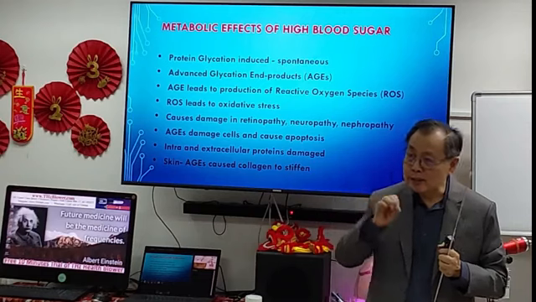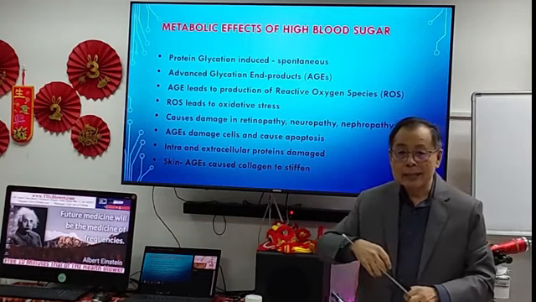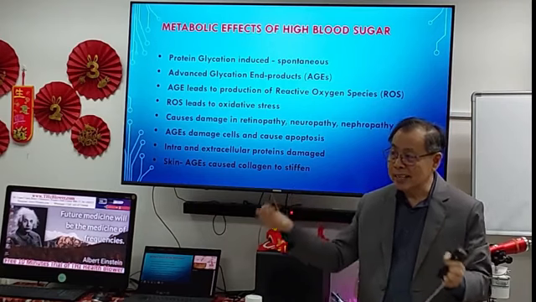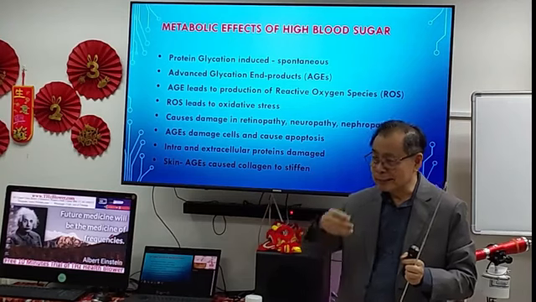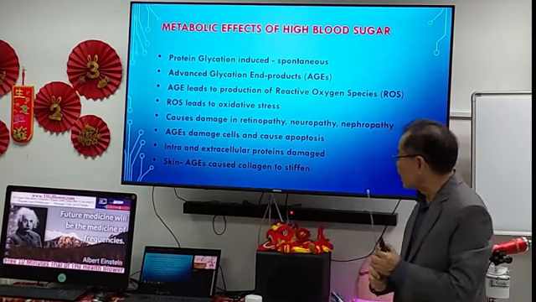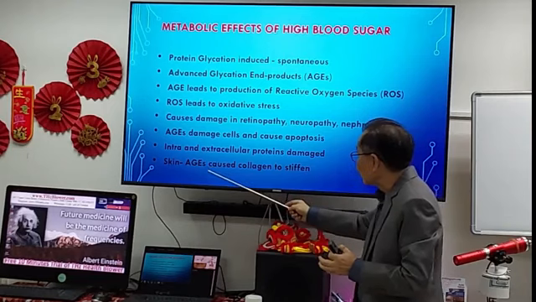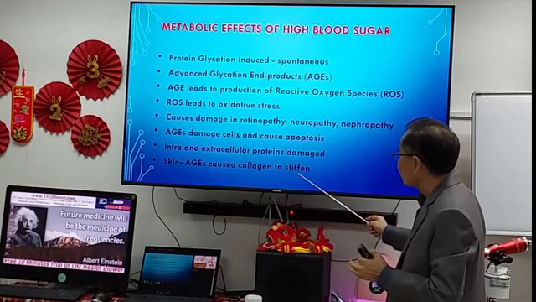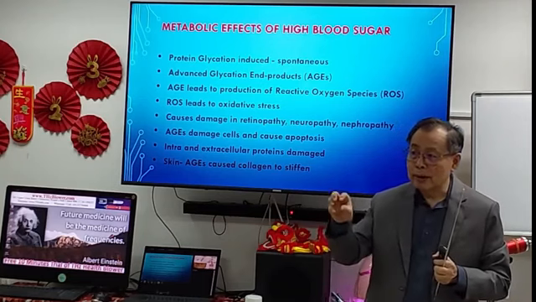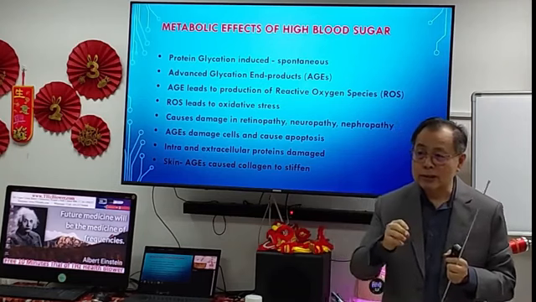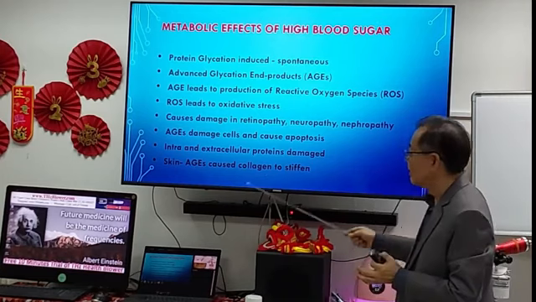It can damage the mitochondria, which produce the various things that are the very reason your cell is there, to produce new proteins and transmit various things. And in the skin, AGE causes the collagen to stiffen, because it damages the collagen, and the skin will look old because of this.